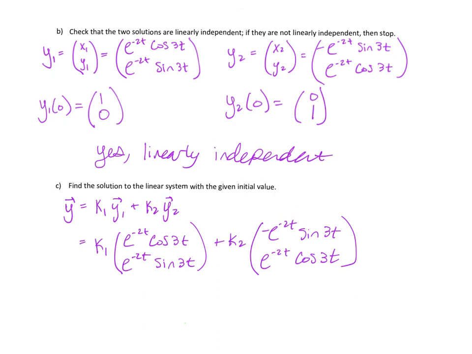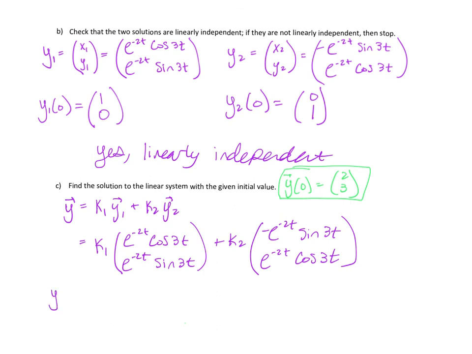Okay, so you'll notice that I didn't actually give you an initial condition here, so I'm going to add that in. This may be why you're watching this video. How am I supposed to do this without an initial value? You can't. So I'm going to tell you that y of 0 is 2, 3. And we can use that initial condition that should have been given ahead of time to find k1 and k2.